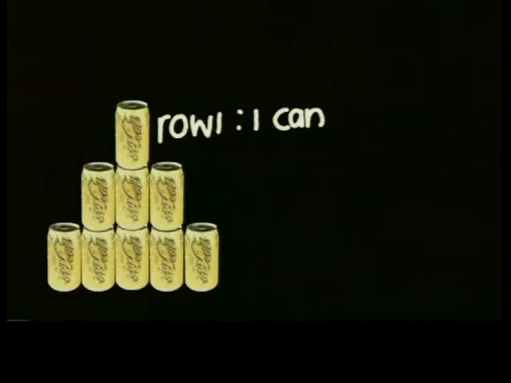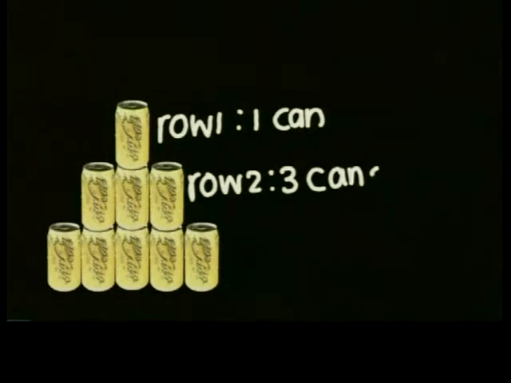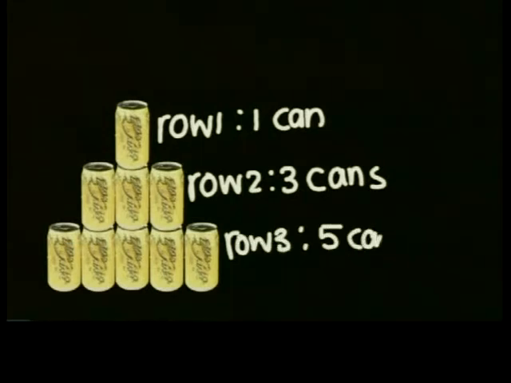The next row is row 2, and it has 3 cans in it. The next row is row 3, and it has 5 cans in it.